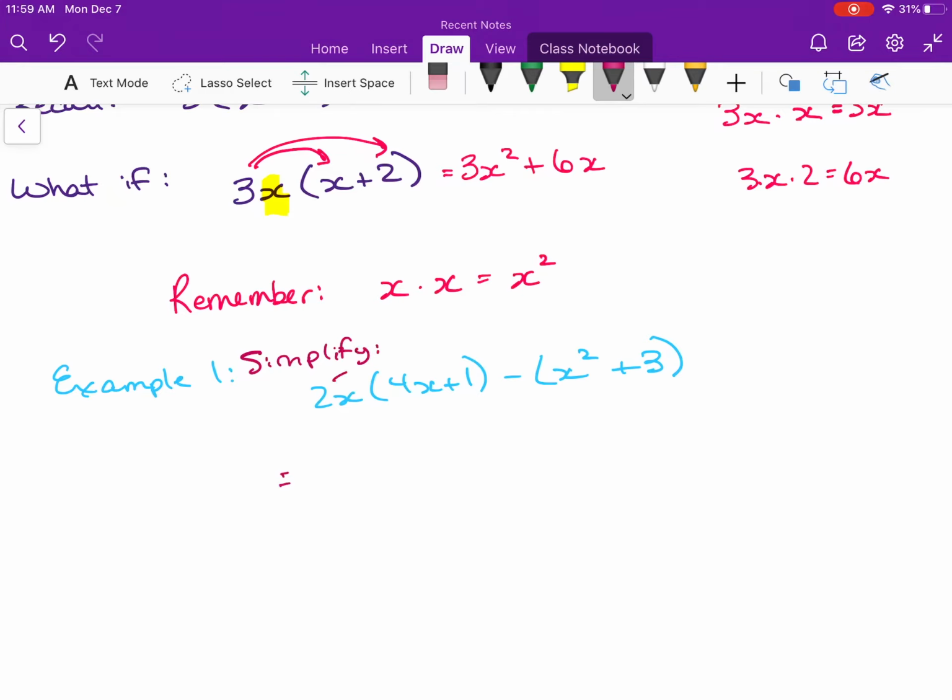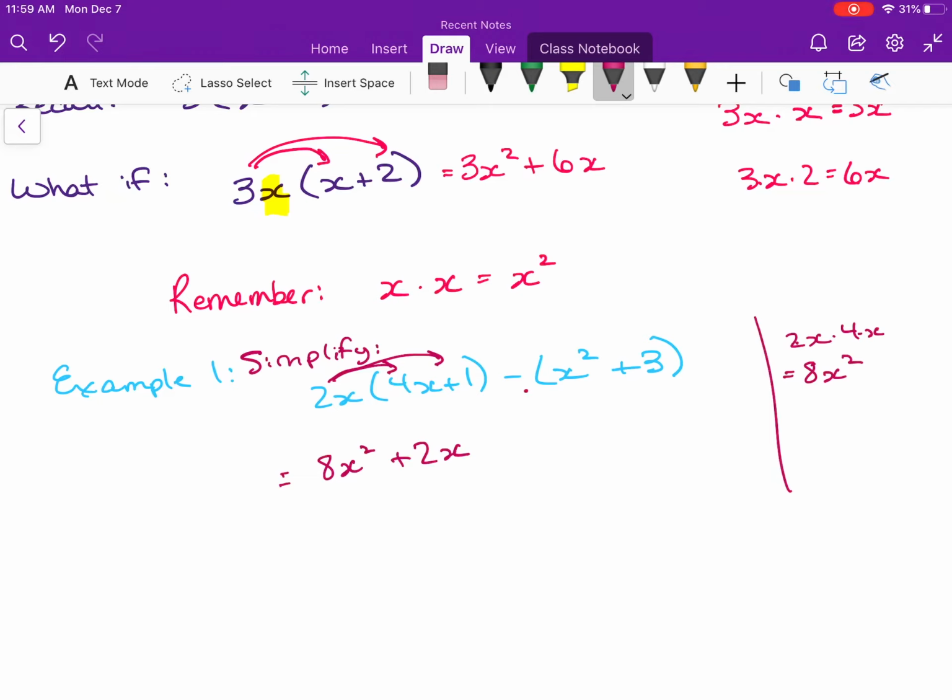So first we're going to do 2x times 4x. And if you need to, you can always do work on the side. 2x times 4x. That's the same thing as 2 times x times 4 times x. So I can just multiply the numbers, which is 8, and then x times x is x squared. So I have 8x squared. And then 2x times 1 is just 2x.